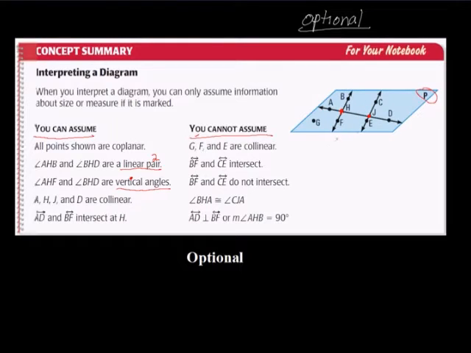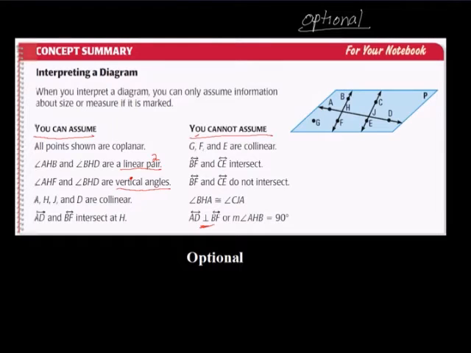And finally, you can't say that AD and BF meet at a 90-degree angle. You cannot assume that unless you have the right angle indicator like this. If I said that this is the right angle, then it's a right angle. But being that you don't have that in your diagram, you can't assume that it's a 90-degree angle or that they're perpendicular.